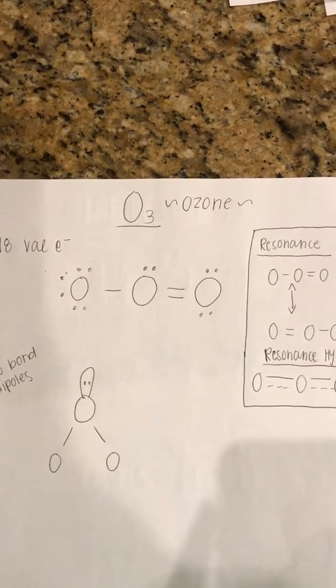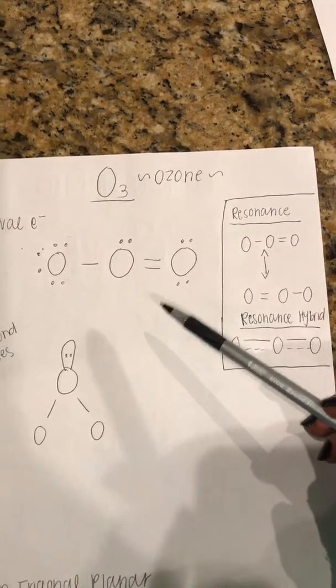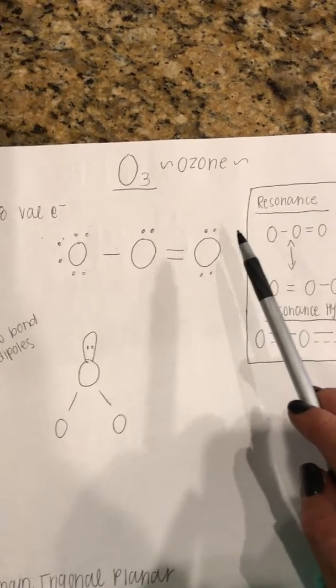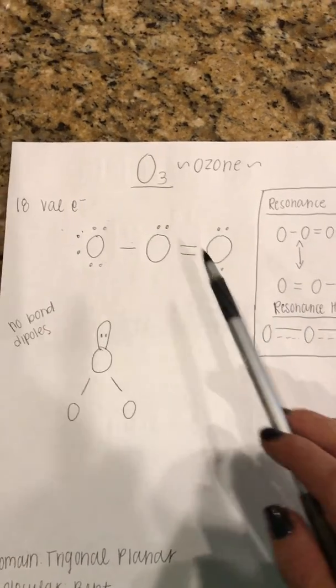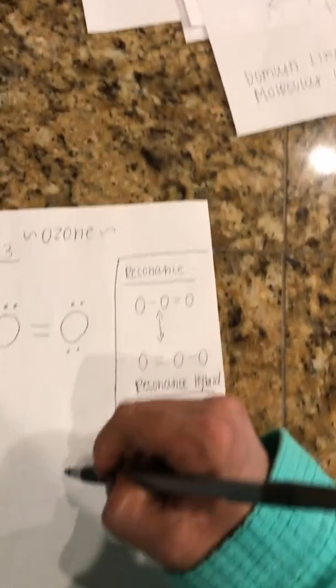Step 2 is to find the bond dipoles. No bond dipoles need to be drawn since each atom is the same, being oxygen, and they all have the same electronegativity. The domain geometry is trigonal planar because you have 3 domains, 1, 2, 3.